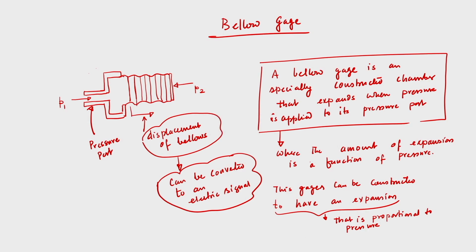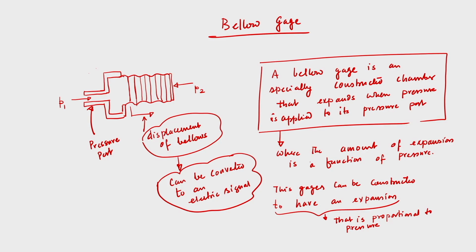If it is proportional to the pressure, we can directly get it. If that expansion is not proportional to the pressure, then we can calibrate it empirically to have the measured value of the pressure.